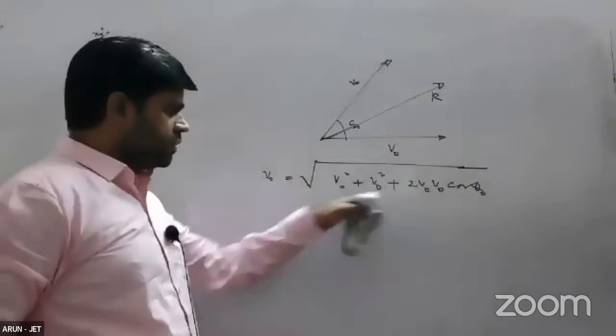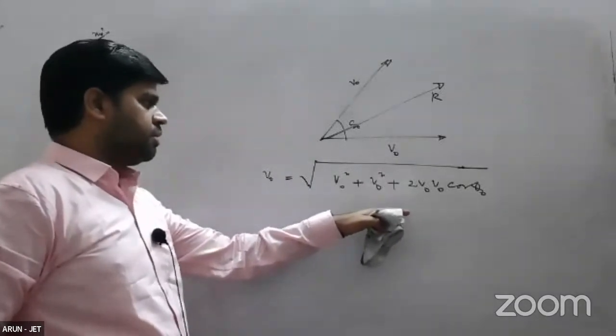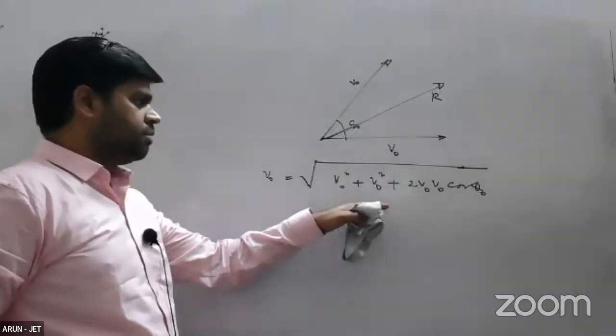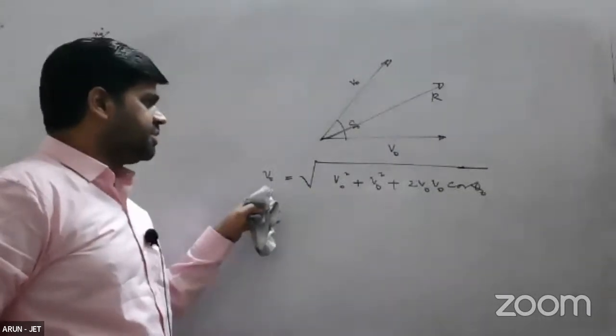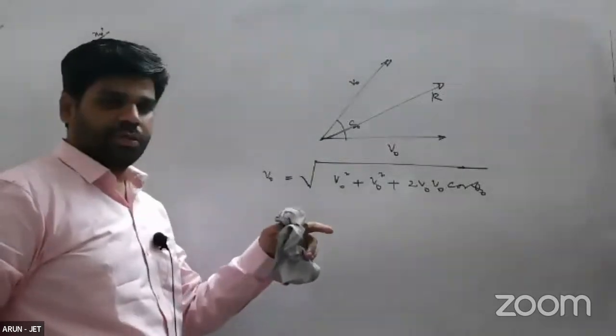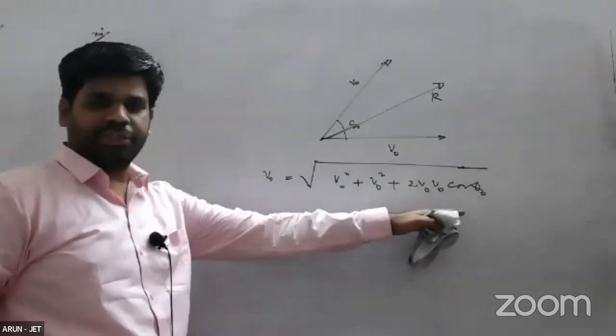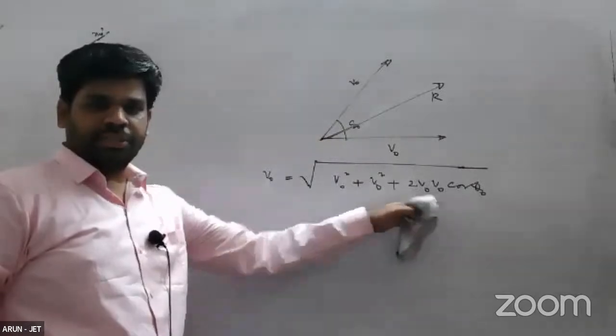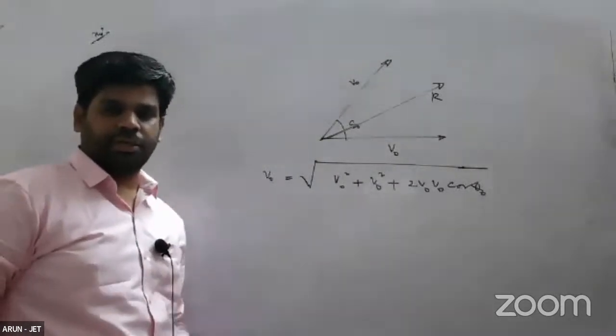I know the resultant is this one, and the resultant is equal to V naught. V naught gets cancelled out throughout. All that remains is cos theta naught, an equation in cos theta naught and some constants. How to find out theta naught?